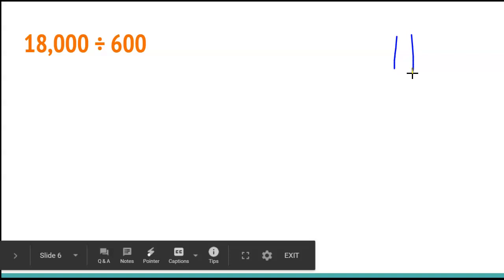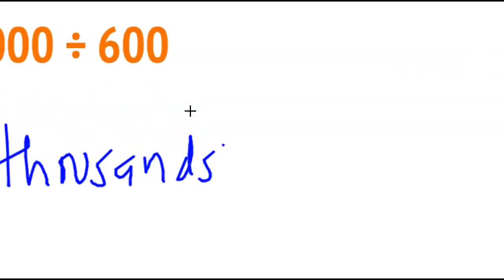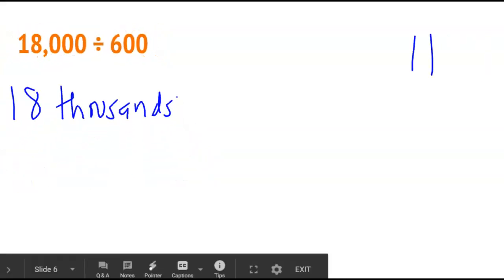So let's go ahead and think about this. I'm going to use my unit form to help me. So this is 18 thousands divided by 600.